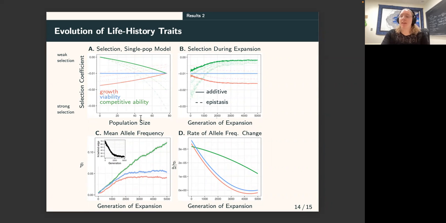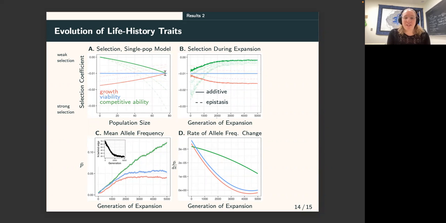So if we map these population sizes over here on this x-axis to the realized population size during range expansion, we can essentially flip this plot around by 180 degrees so that selection gets weaker and weaker over time on carrying capacity over the course of expansion, and stronger on intrinsic growth rate, and then remains the same on viability.